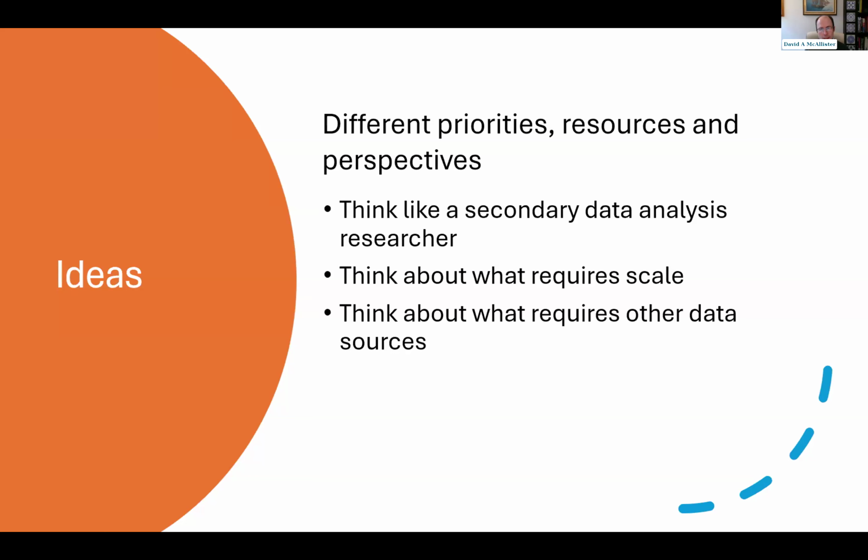I think if you think like a secondary data analysis person, you might choose to use the data differently. For example, we use concomitant medications to define comorbidities. That's a very secondary analysis, routine data kind of approach. Things that also require scale. So if you need lots of data from lots of sponsors, I think that's a bit easier for an academic to do. And also it's useful to think about what needs other data sources.